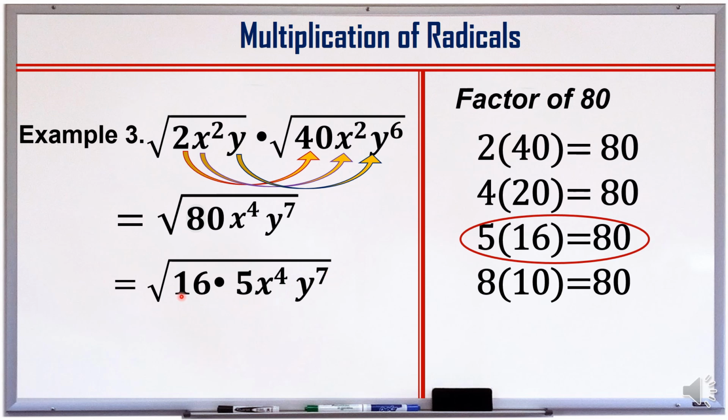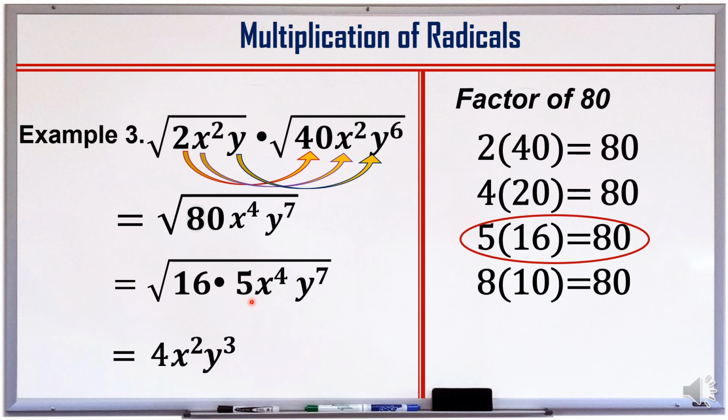Okay po? So, ngayon, lalabas natin yung square root ng 16, that is 4, and then, eto, so, x to the 4th power, 4 divided by 2, magiging x squared. So, wala po tayong remainder. Ibig sabihin, wala pong matitira sa loob. Next, 7 divided by 2, that is 3. Kaya labas natin si y cube.